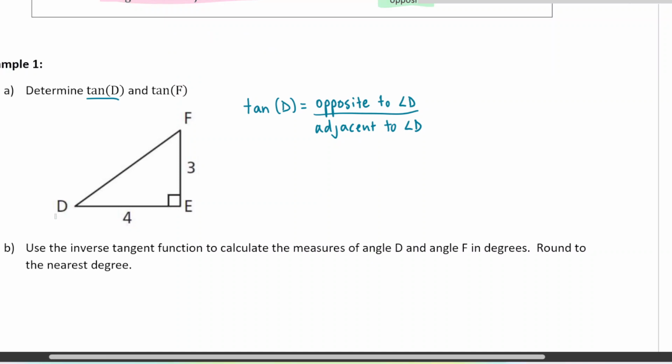So here's angle D. The opposite to angle D would be 3. Okay, and then adjacent to angle D would be 4.